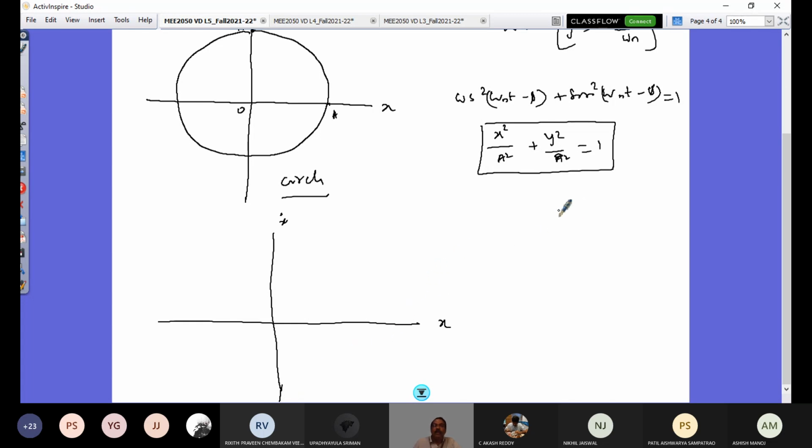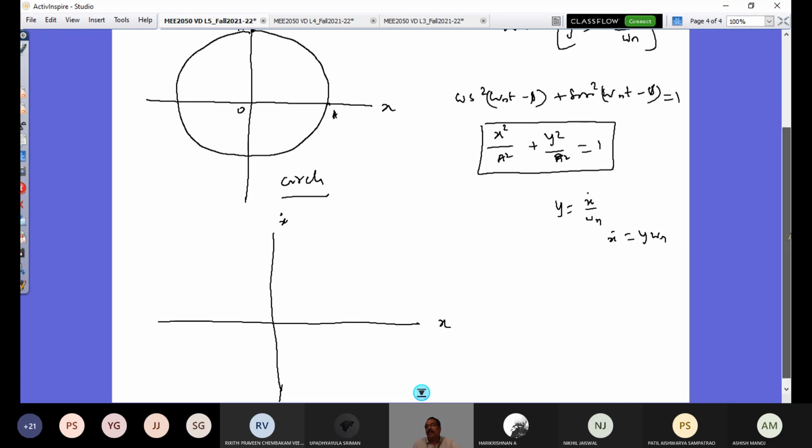So what would happen now? What is my x dot? I had y equal to x dot by omega n. So now my x dot is going to be y omega n. What is my y?